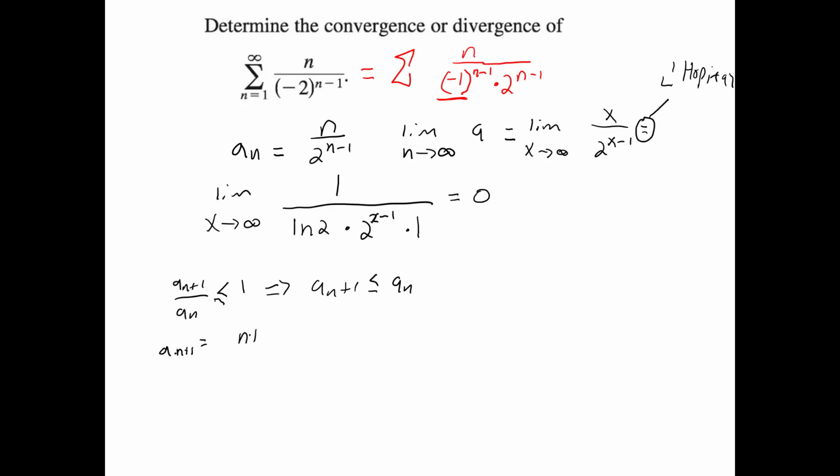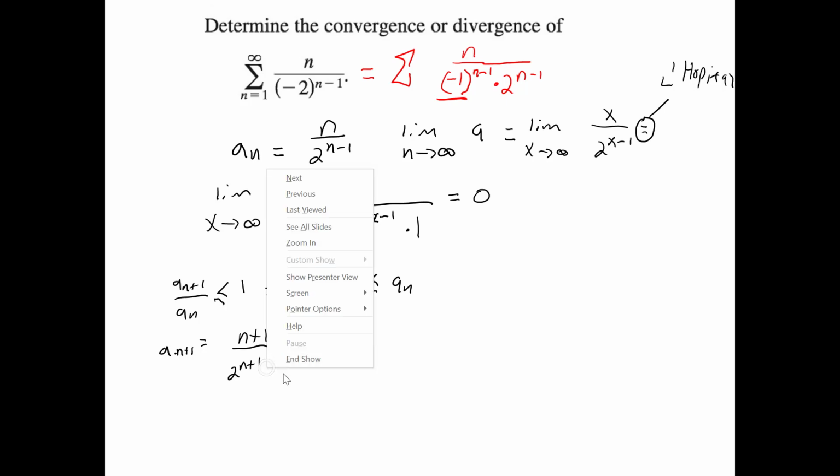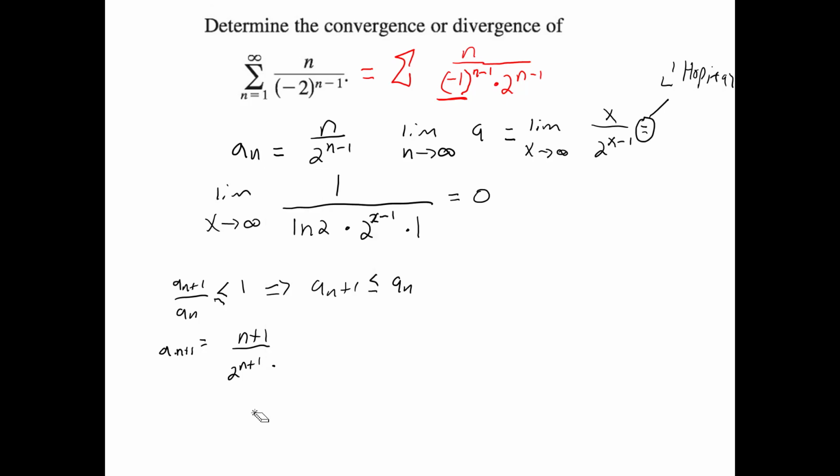So you will get an n plus 1 in the numerator and a 2 to the n plus 1 minus 1 in the denominator. But when this cleans up, it's n plus 1 over 2 to the n.